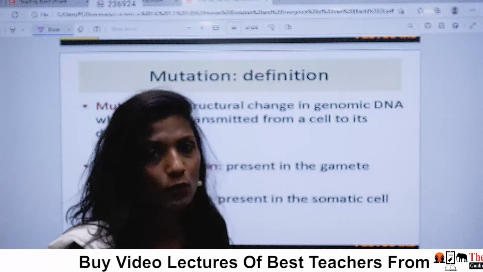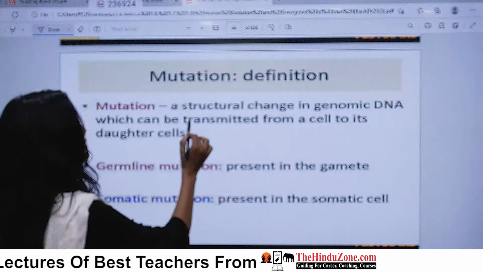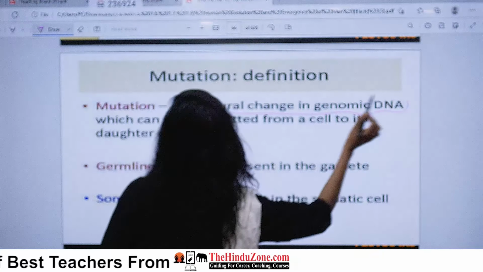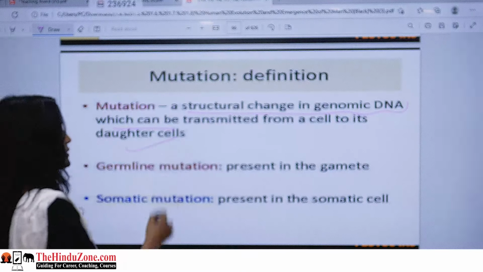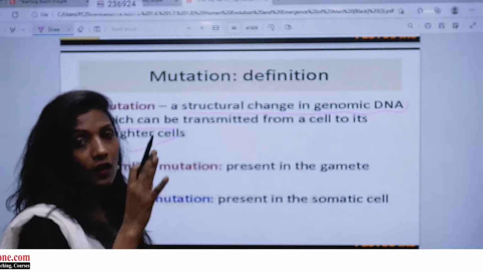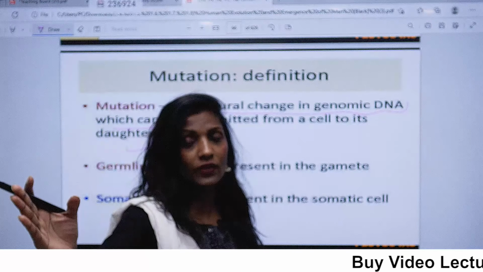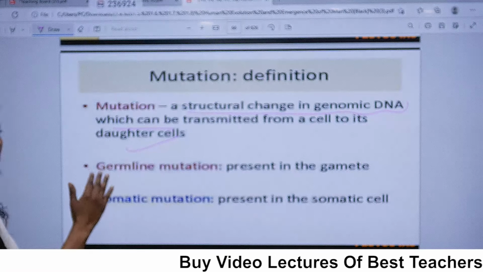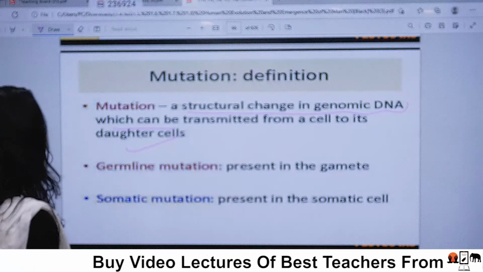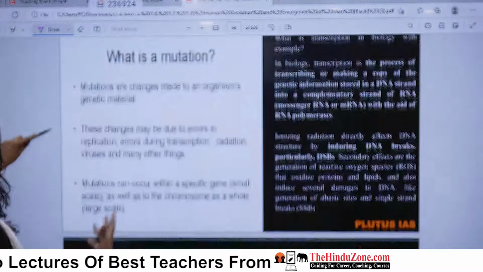It is basic biology. Mutations are structural changes in genomic DNA which can be transmitted from a cell to its daughter cells, from the parent cell to daughter cells. This is through the mitosis and meiosis process, which you should know. This is a mutation.